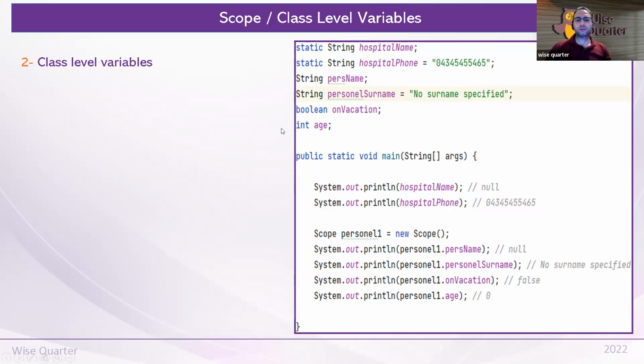When we are talking about the class level variables, we do not need to assign any value to them. They will take a default value. And string is a non-primitive variable. Directly, if you don't assign anything to it, it will have a null value. If you try to print it, the value will be null. And here, this is another one, hospital phone.